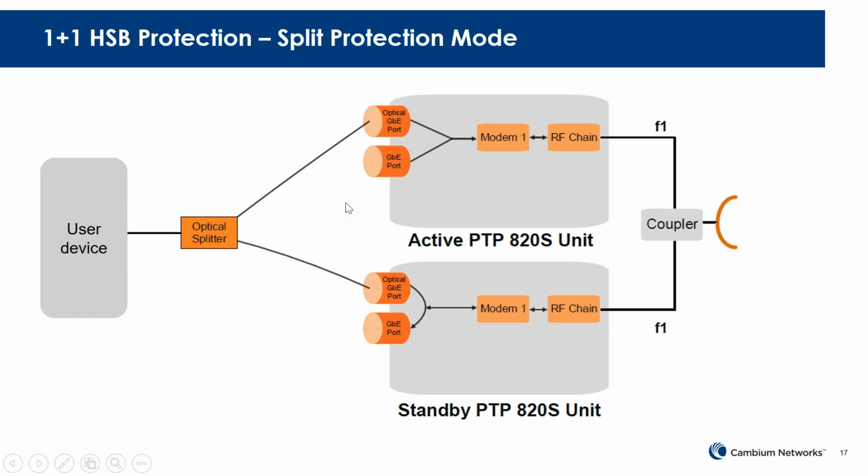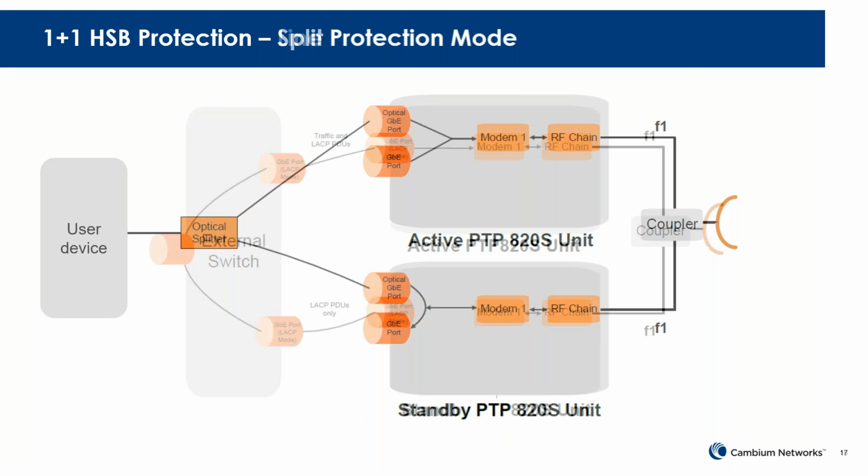And you can see that here you use a coupler to combine the radio ports. Of course you want to use the main side of the coupler for the active unit and the standby side for the standby unit. So that's the 1+1 hot standby protection with split protection mode.